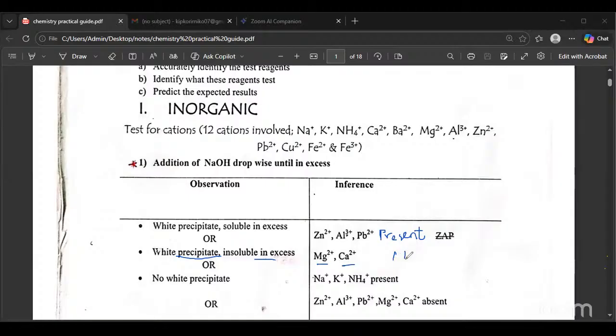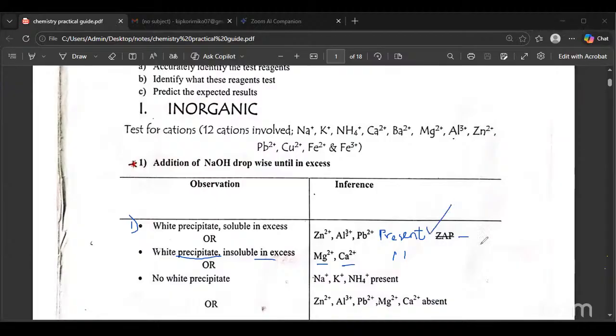So wewe umeingia class ukaweka kwa hiyo practical white precipitate lakini ika dissolve, lakini ukumbuki ZAP, unakumbuka magnesium ion. So the answer to question number 1, which I'm calling this one as my question 1, is ZAP is correct. So this one is correct.